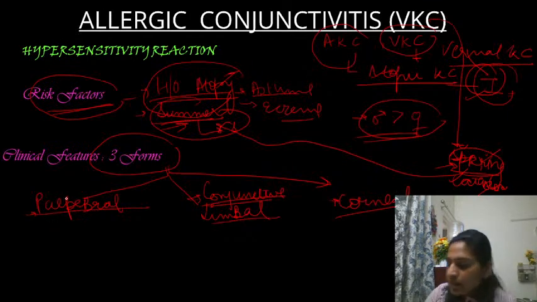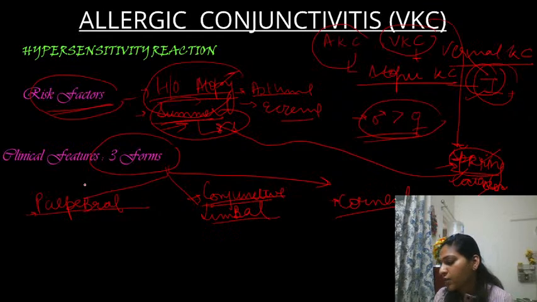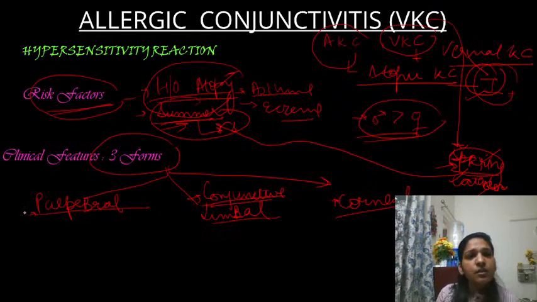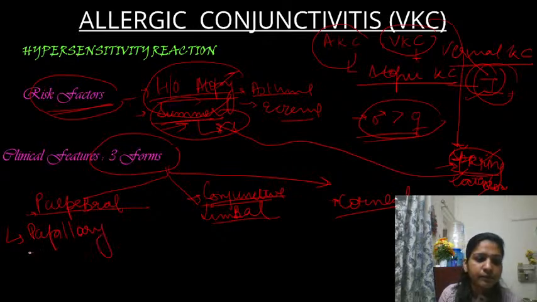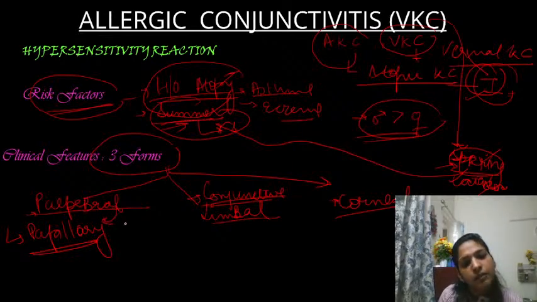So, is this a papillary type of conjunctivitis or a follicular type of conjunctivitis? I have already told you which kind of disease will have a follicular type of presentation. Now you have to just tell me, is it a papillary form or a follicular form? Yes, Krish, very good. It is a papillary type of conjunctivitis. Mainly the lower lid will have papillae.